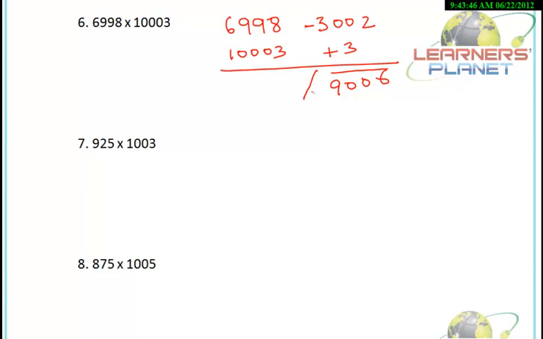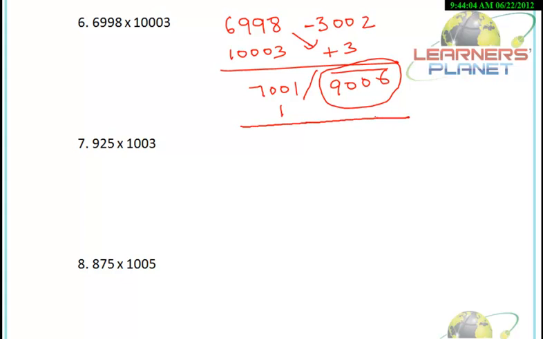Okay, now 6998 plus 3, what we'll be getting is 7001, isn't it? Now what next is, we have to deduct 1 from this calculation, and this number we have to deduct from 10,000.